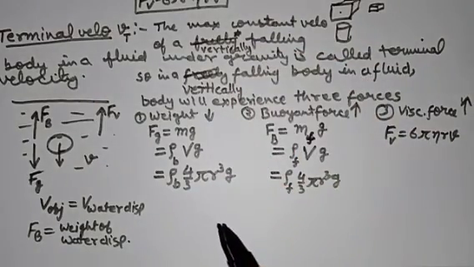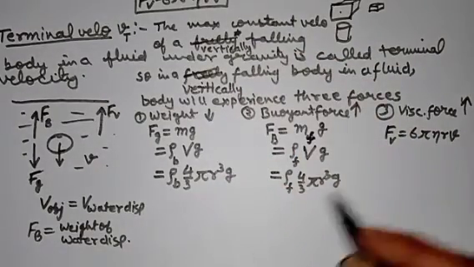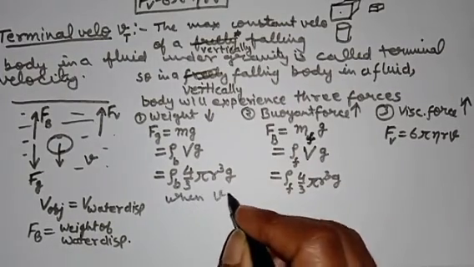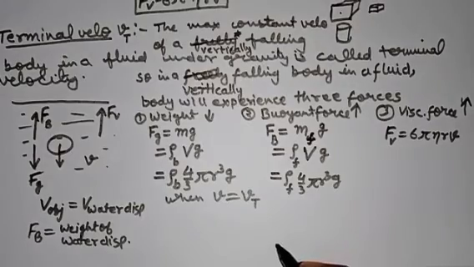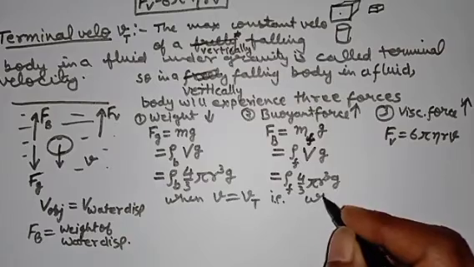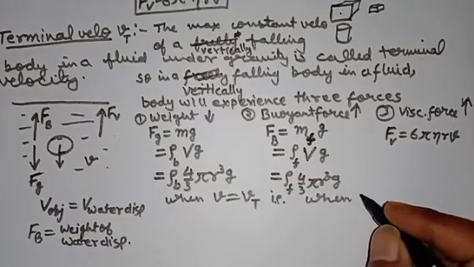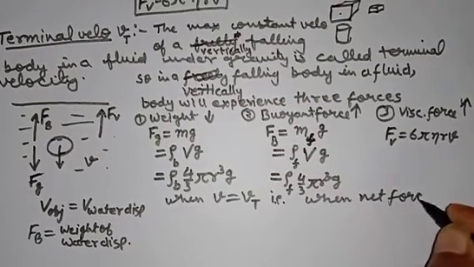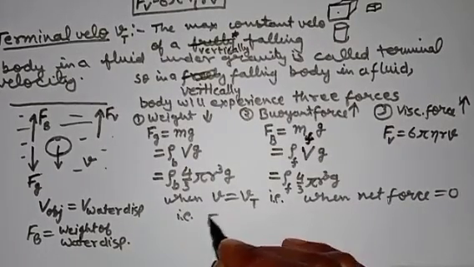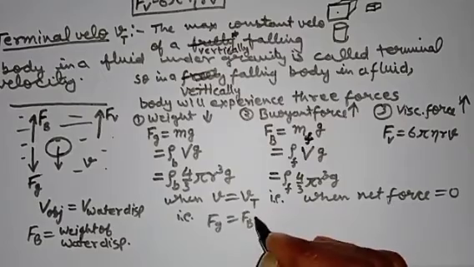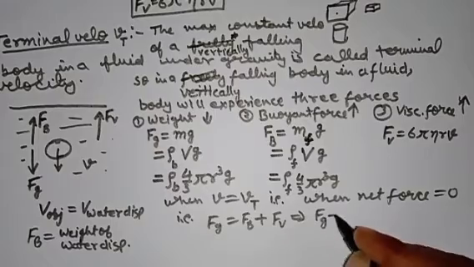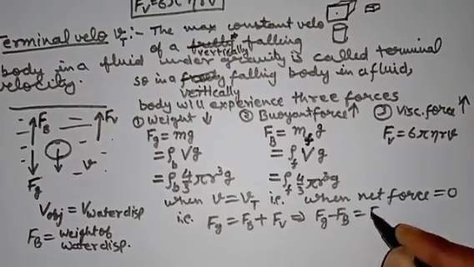All right. So when v equals vt, that is when the net force is equal to 0, and that is when Fg is equal to Fb plus Fv, or we can do Fg minus Fb equal to Fv.